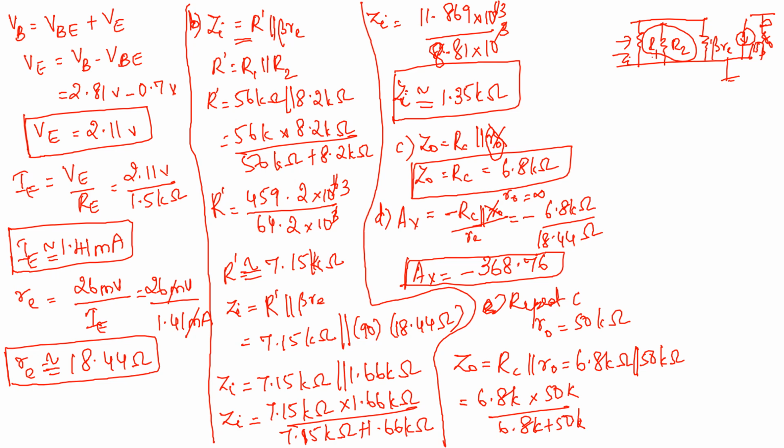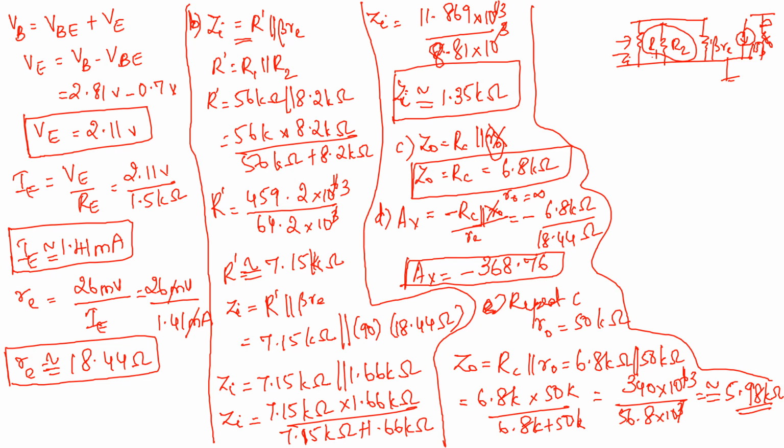Approximately you will be getting 340 into 10 raised to 6 divided by 56.8 into 10 raised to 3. So both will get cancelled, and you will be getting the value as 5.98 kilo ohm.